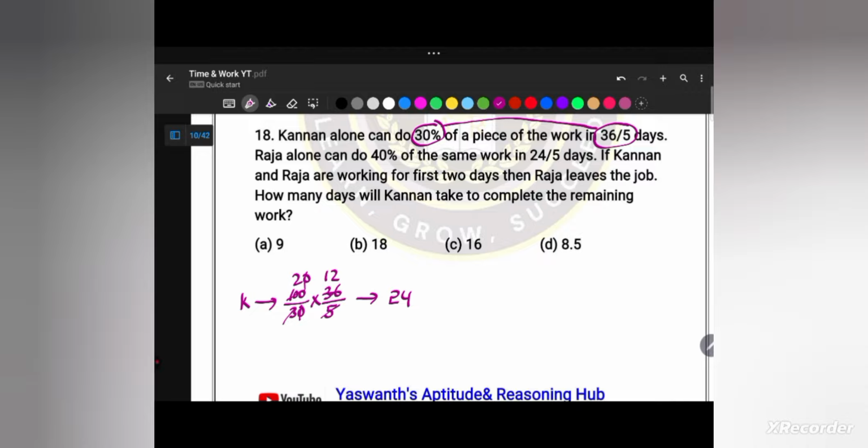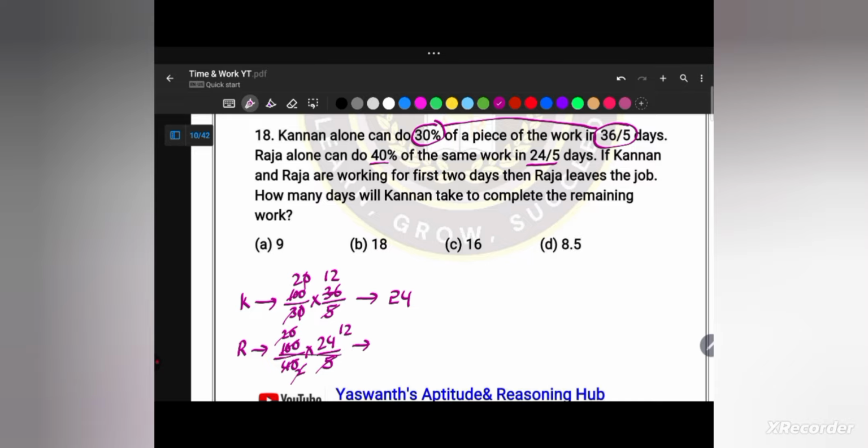Similarly, Raja is given 40% work to complete, which he will complete in 24 by 5 days. So how much time for Raja's 100%? It is 100 by 40 into 24 by 5, which gives 12.